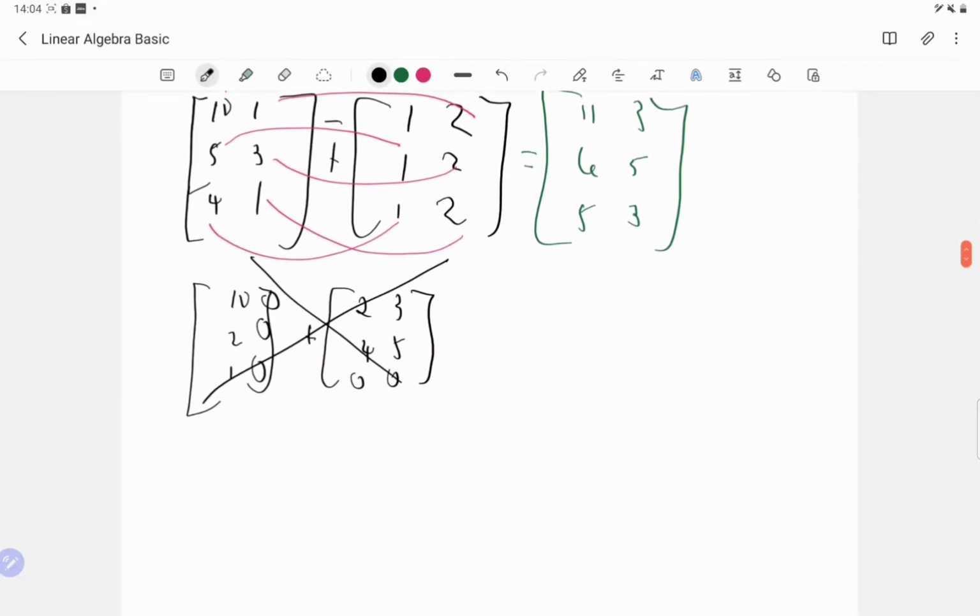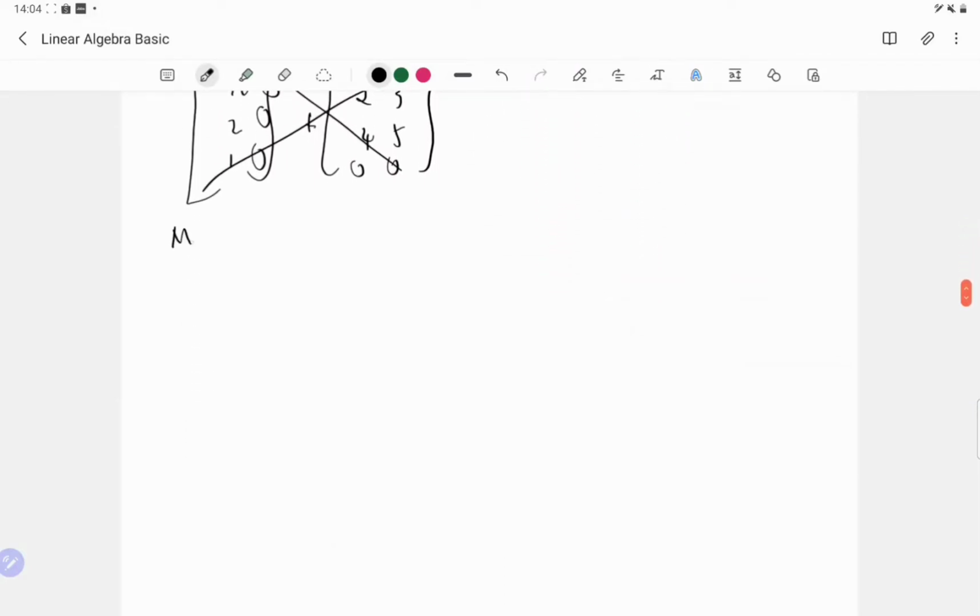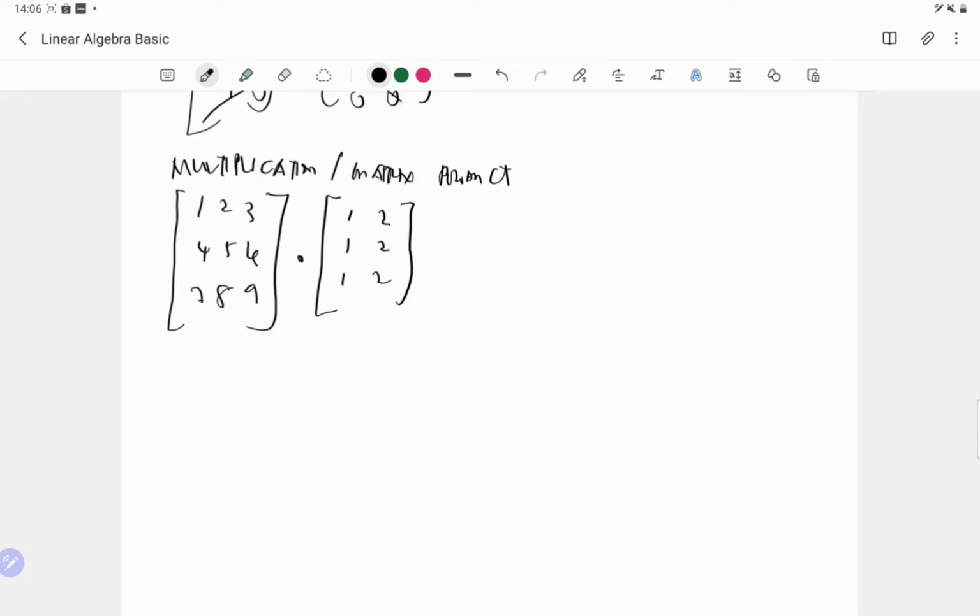Okay, now let's go to multiplication. The matrix product is a bit different. In multiplication, the number of columns in the first matrix, which is 3, should be equal to the number of rows in the second matrix.